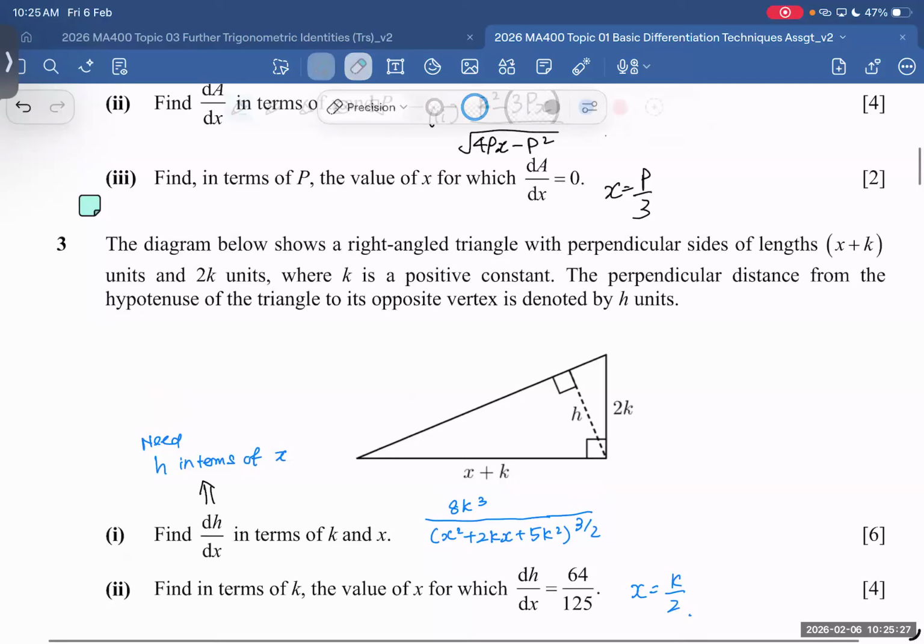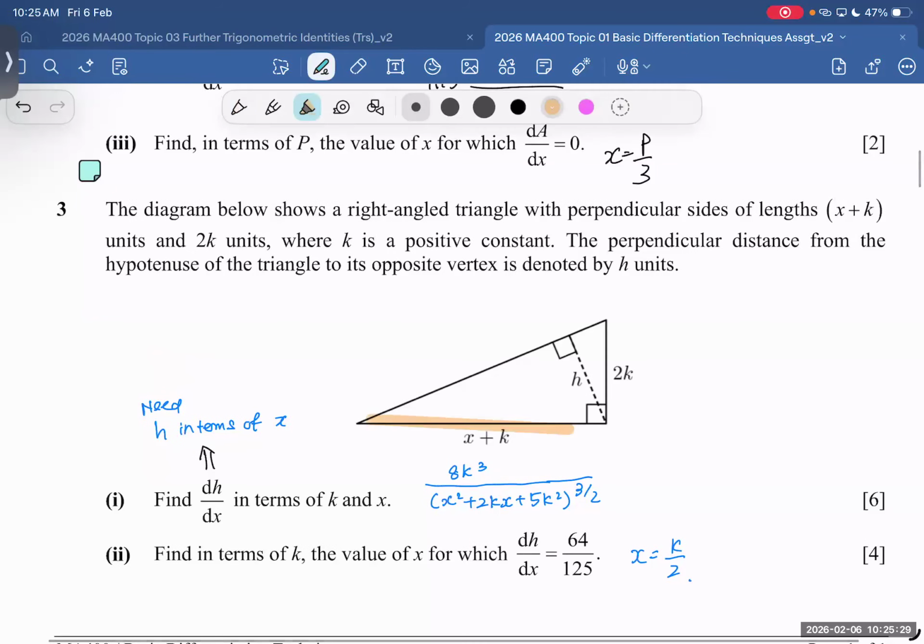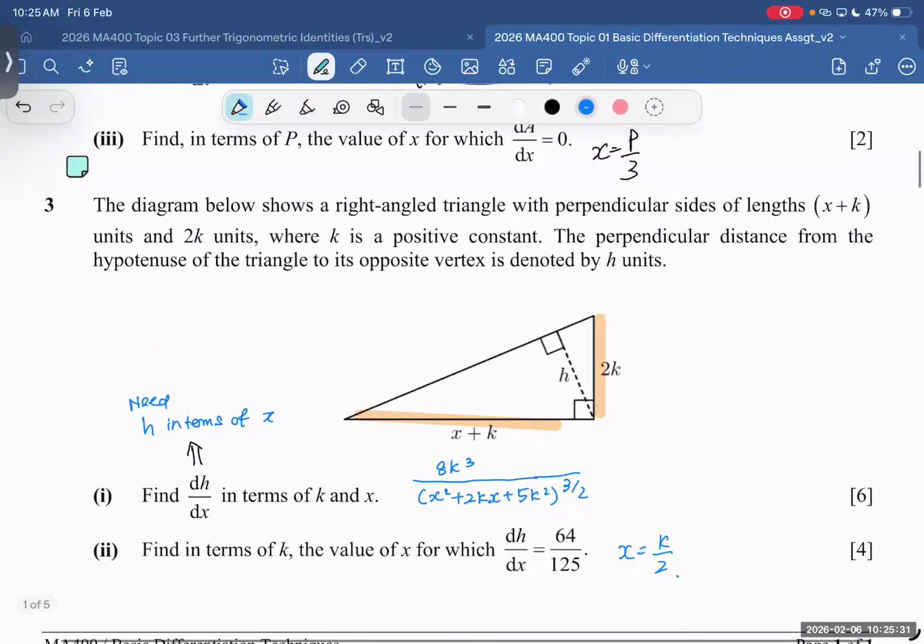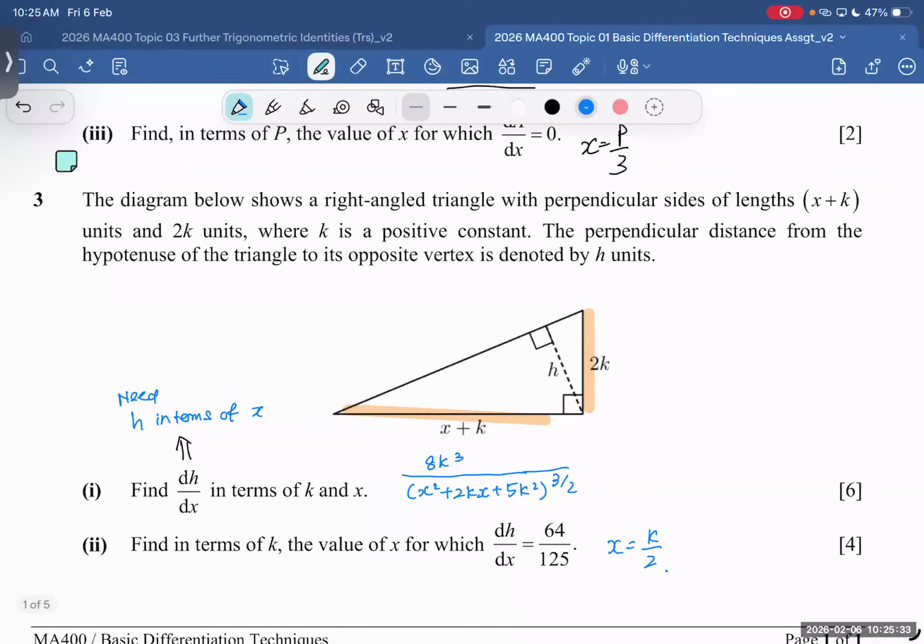Okay, so I look at this. I can see x plus k. This gives me half times base times height, the area of a triangle.